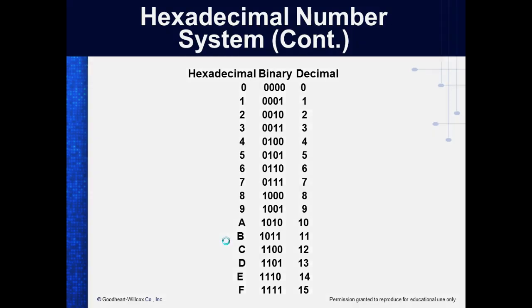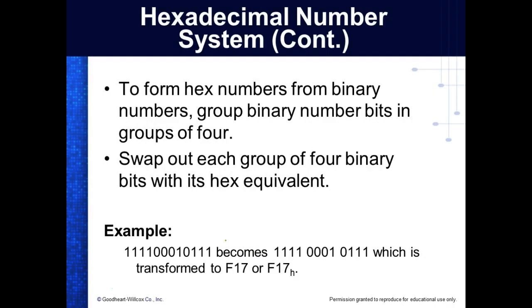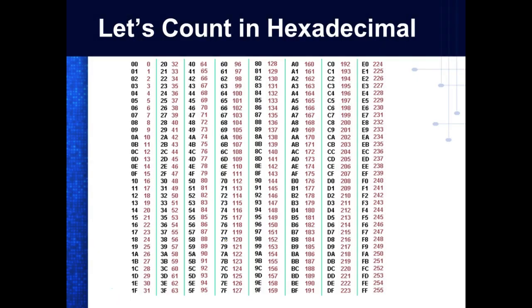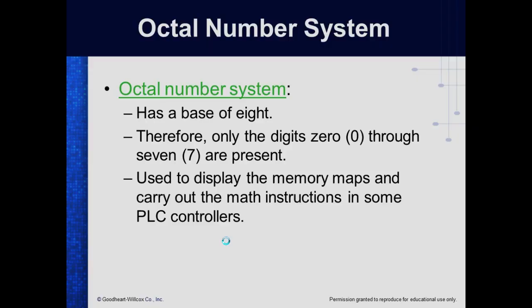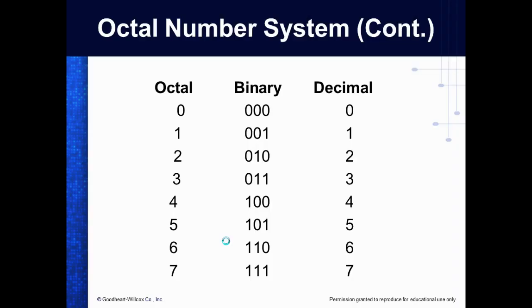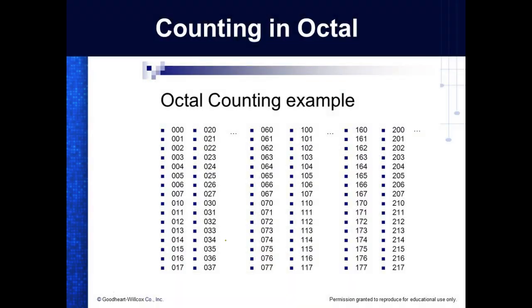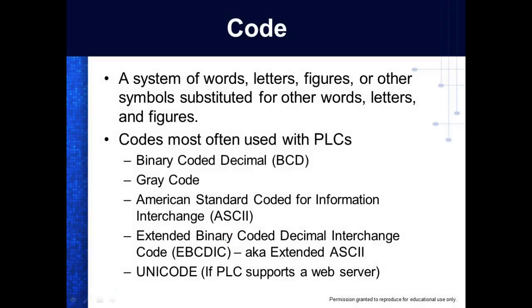So we went through hexadecimal, the hex system, continued. We did that. This is counting in hex, by the way. Octal, we looked at that. Not very complicated. Now, what is a code?